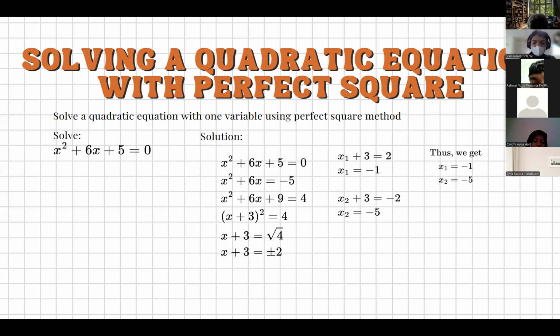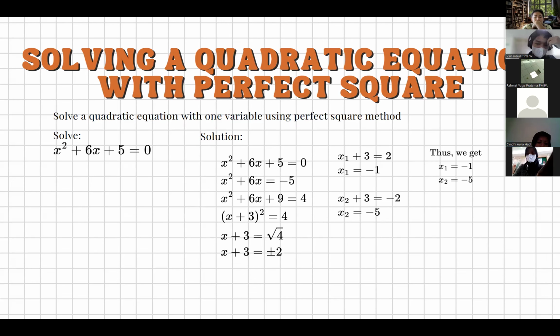Then we're going to add 9 to both sides, so we got a new equation of x squared plus 6x plus 9 is equal to 4.